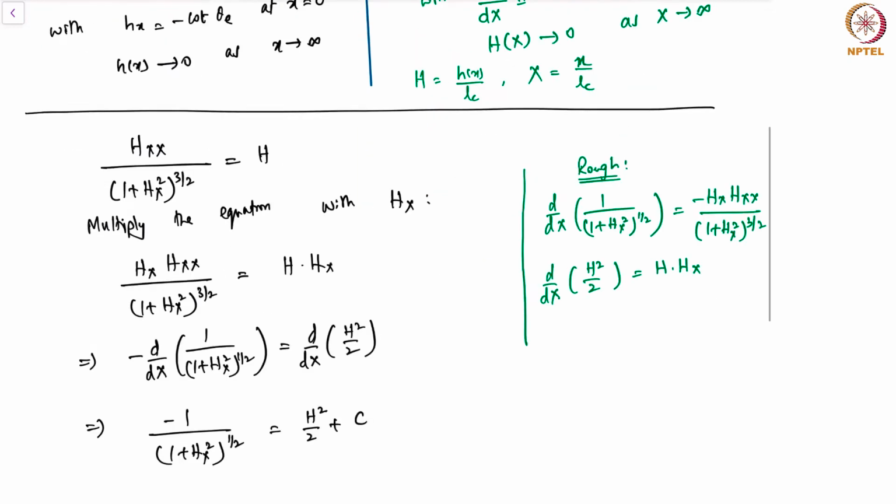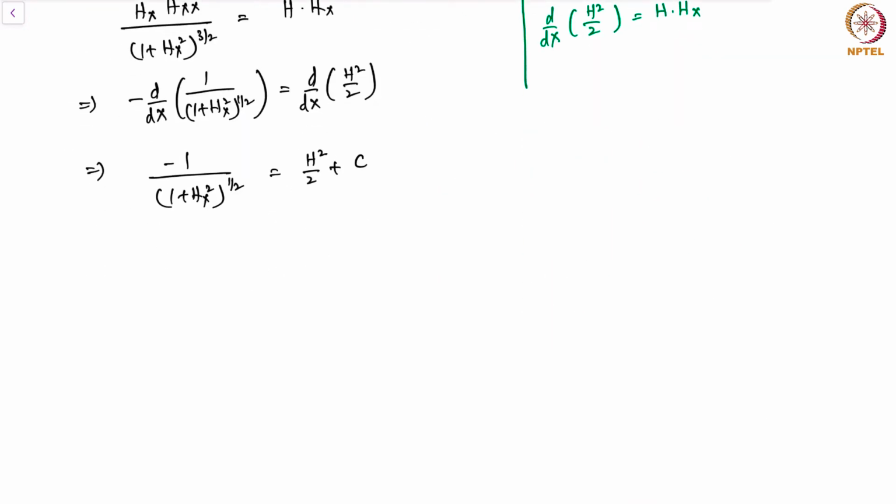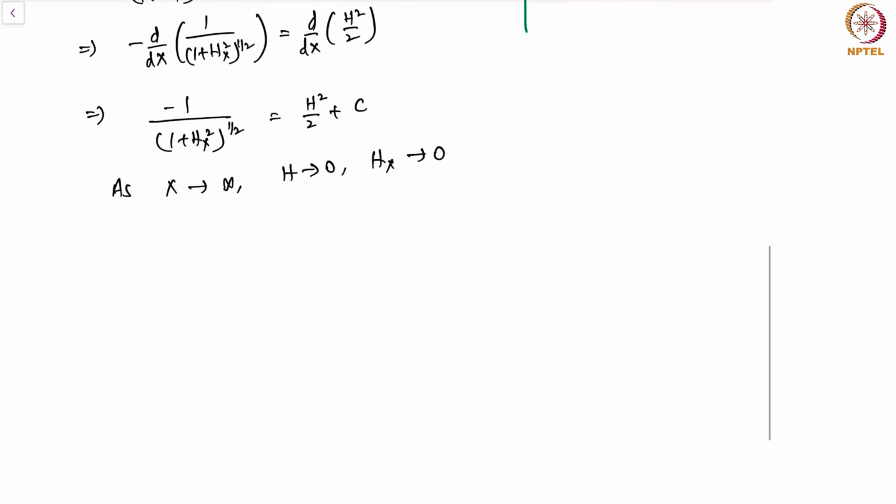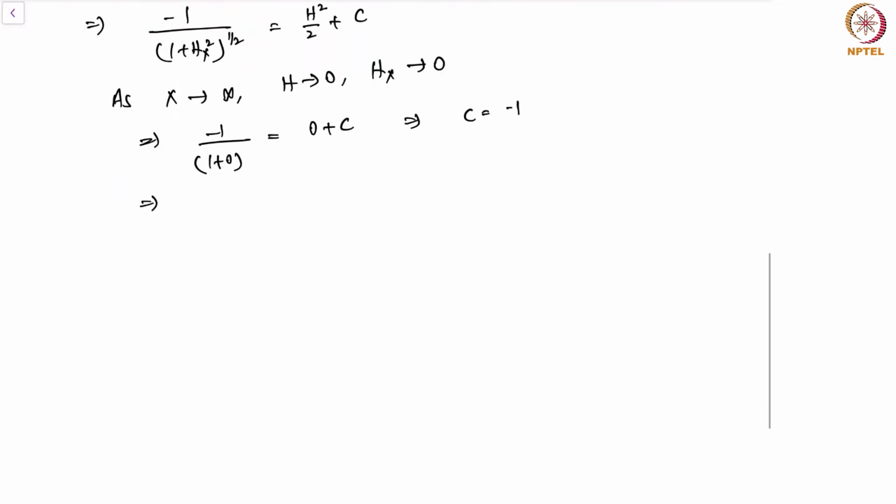And as a result, you should expect the boundary conditions would be, in the far field, as x goes to infinity, we have both H going to 0, hx also going to 0, and therefore if we substitute this, I have minus 1 by 1 plus 0 is equal to, and this gives me c equals minus 1. And therefore what I have is minus 1 by 1 plus hx square whole power half is H square by 2 minus 1.